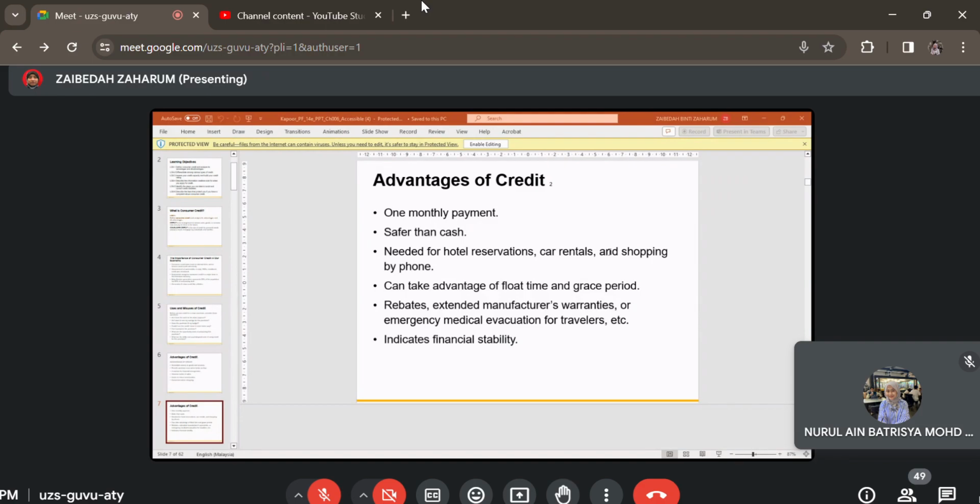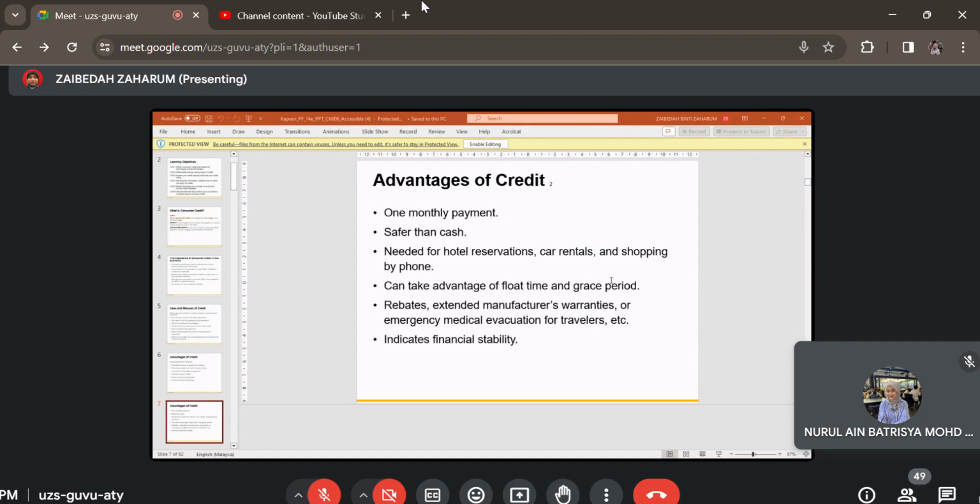Float time tu ialah yang kita kata period between when you buy and then when you want to make a payment. Ni lah when the payment is due. Tu that kita kata the card holder will benefit lah from this float time and also from the grace period.